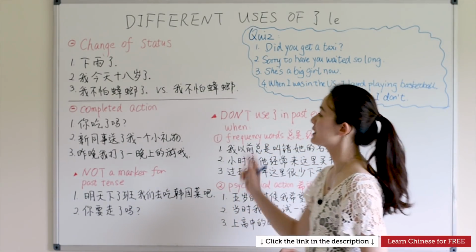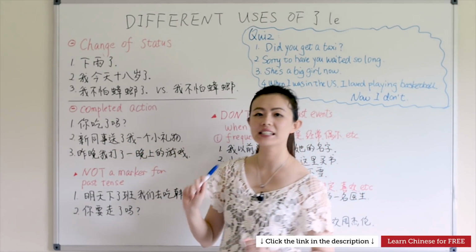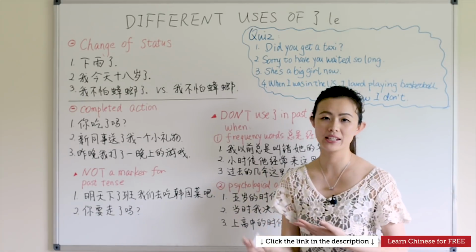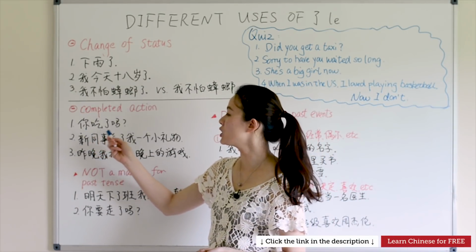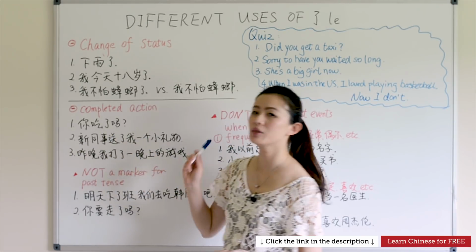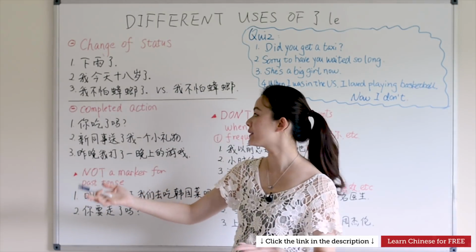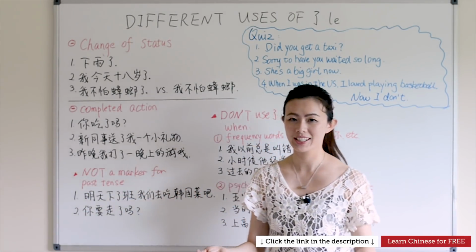Okay, now the second use of le is that it indicates completed action. Or in other words, it means something that happened in the past. Example, 你吃了吗? The verb here is 吃, and there is a le after the verb, means ate. Have you eaten, or did you eat?